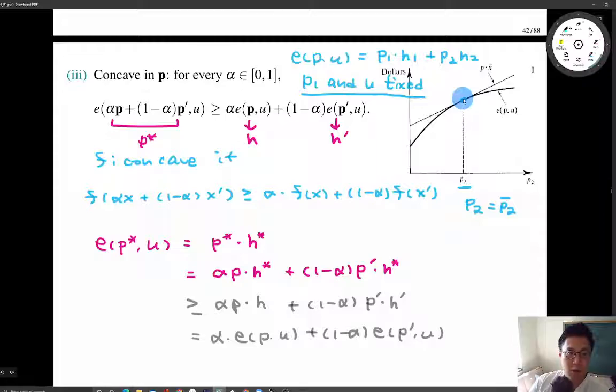Then we draw the tangent line here, because this tangent line meets the expenditure curve at this point.